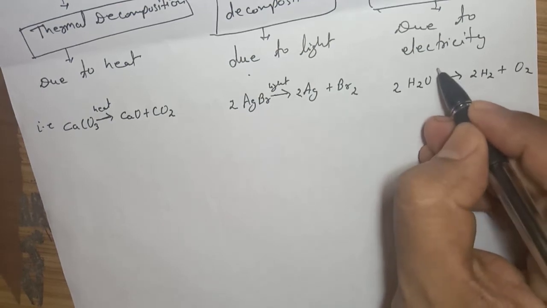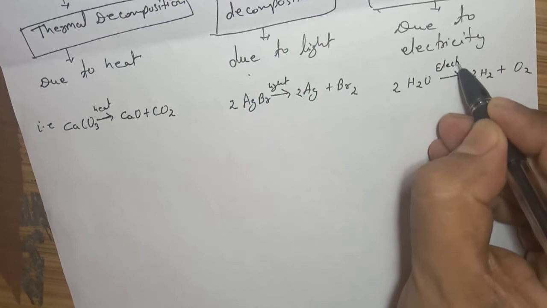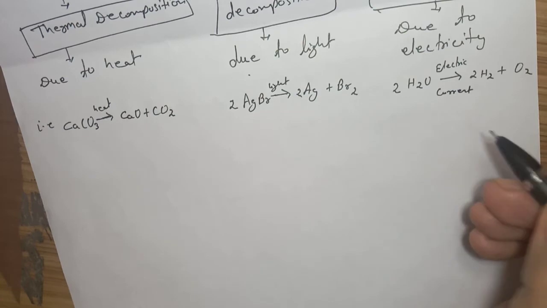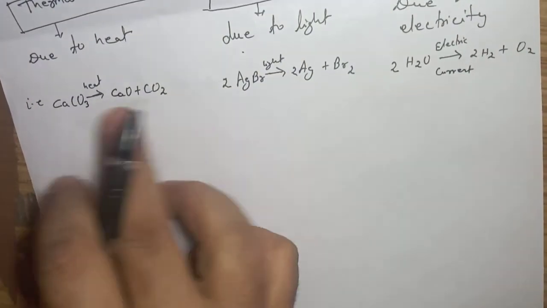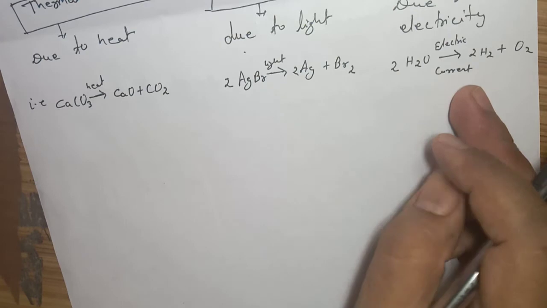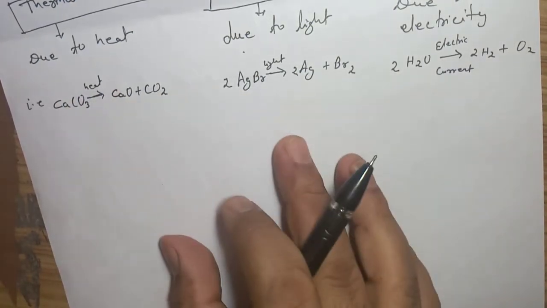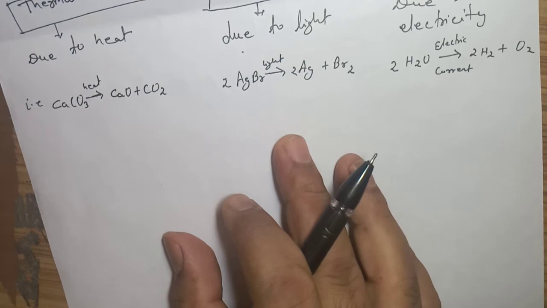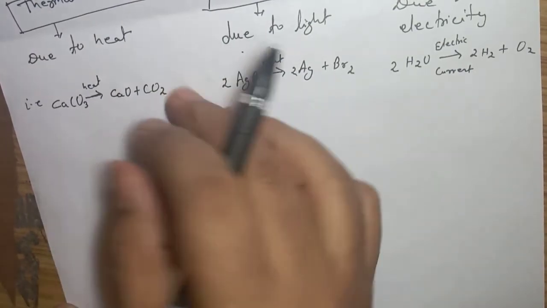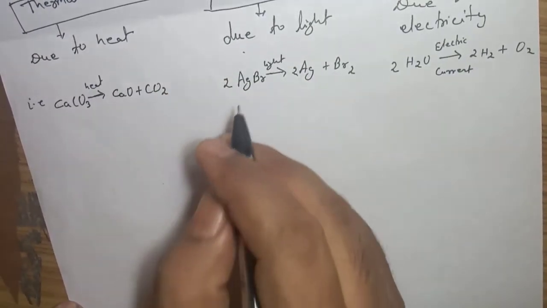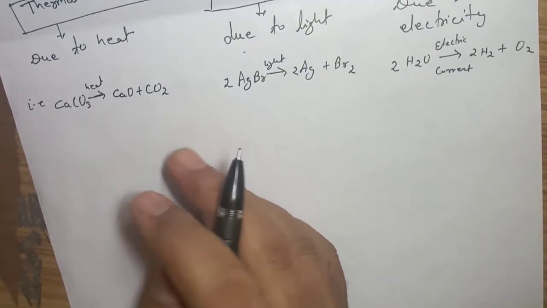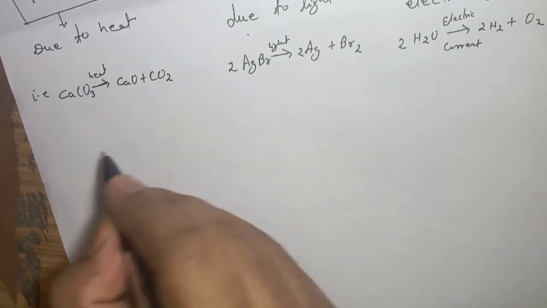So we have seen three types, and because of these different sources, the reactions happen. In your book there are also some equations given, and you need to remember those reactions, which is very important.